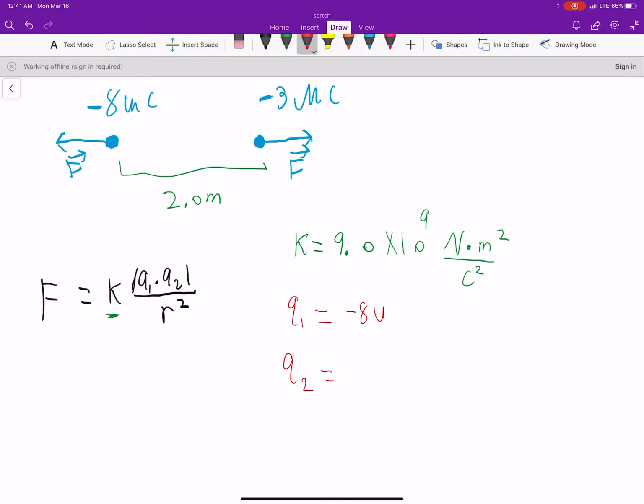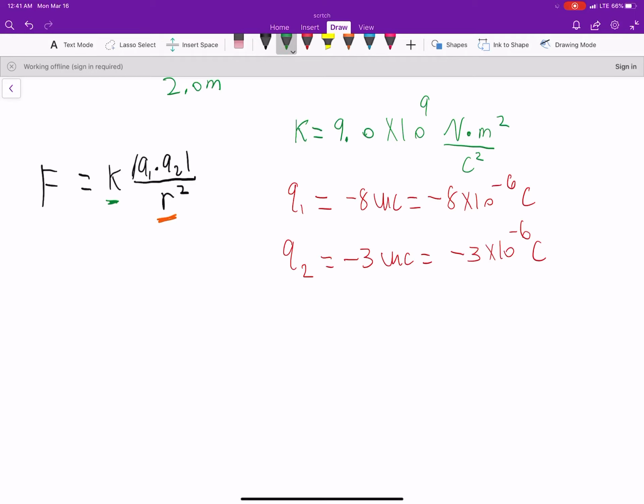So negative 8 microcoulombs is equivalent to negative 8 times 10 to the negative 6 coulombs. So know your prefixes. And we can say the same thing for negative 3 microcoulombs. And then R is just the distance between them in meters.